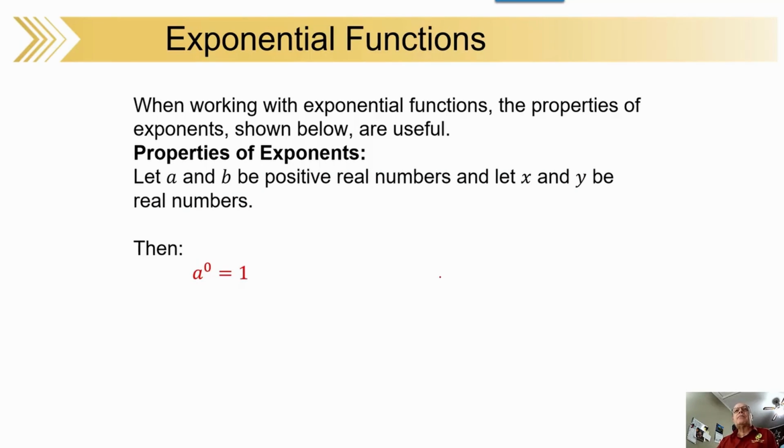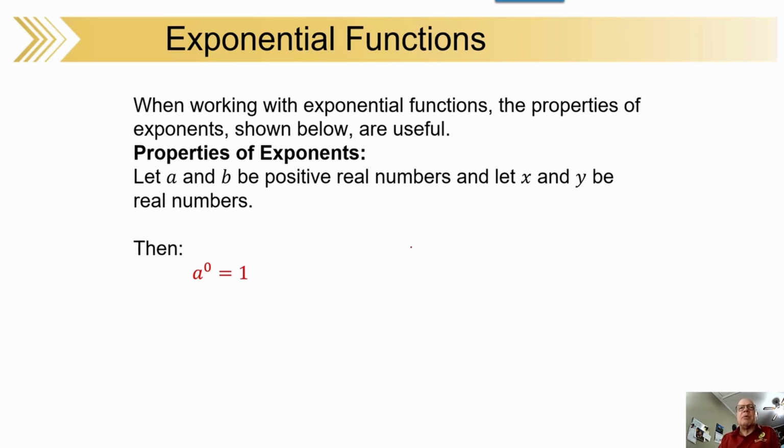Next, a few properties, and you could memorize these or not, that's up to you. Occasionally they become handy if you know them real fast, but it's not that terribly important. Almost anything to the 0 power is 1. As long as that power is 0, you get a 1.